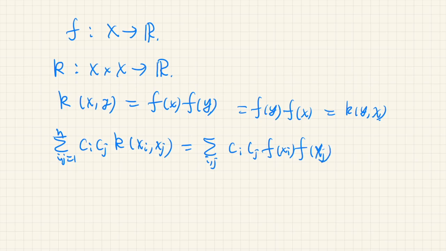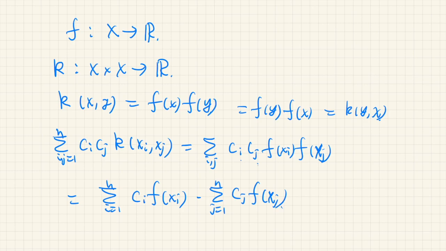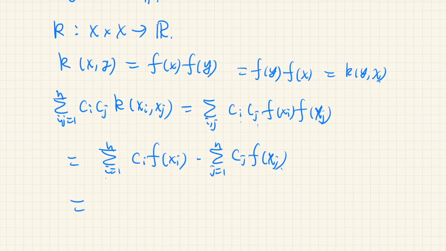But we can split the summation over i and over j, so this is equal to the sum over i of ci f(xi) times the sum over j of cj f(xj). But i and j are just indices, so they are actually the same sum.